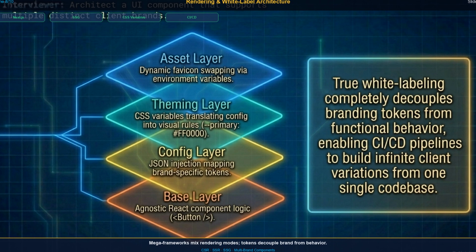Theming layer, CSS custom properties translating config into visual rules, like --primary: #FF0000. Asset layer, dynamic favicon and logo swapping via environment variables in CI/CD. True white labeling decouples branding tokens from functional behavior, so your pipeline builds infinite client variations from one single codebase.